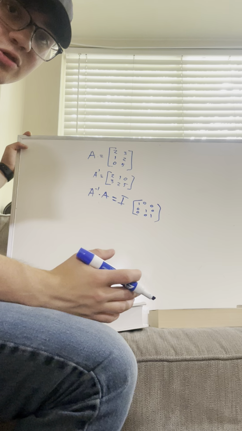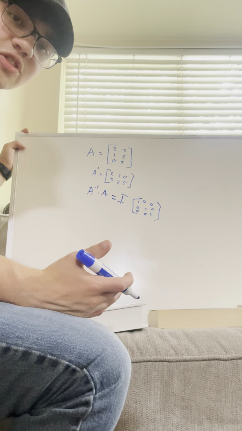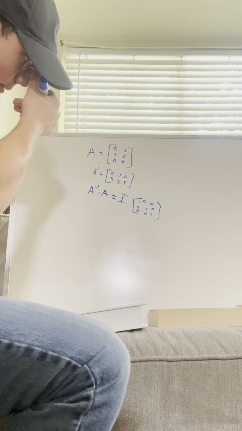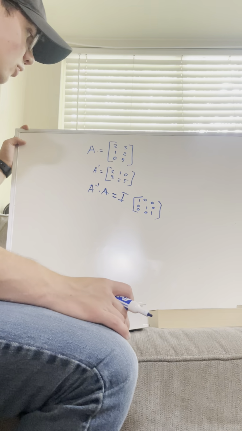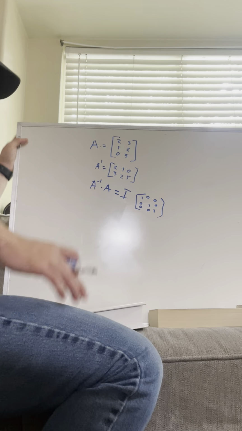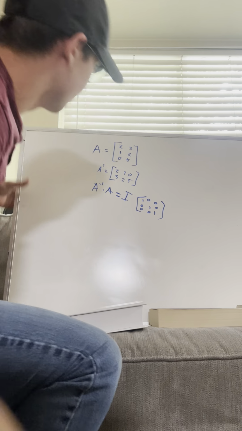Now, the identity matrix is important to know about because in matrix algebra, it functions essentially as a 1. If you multiply something by the identity matrix, it just equals the thing that you multiplied by.